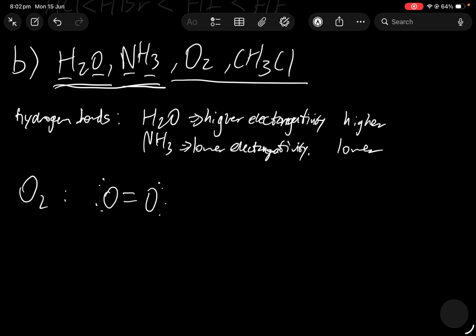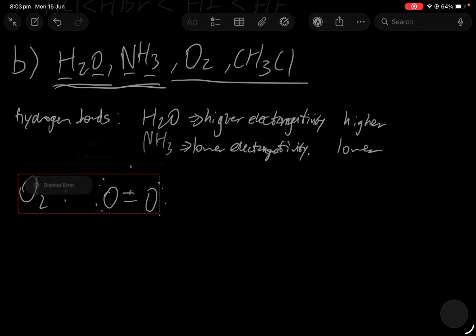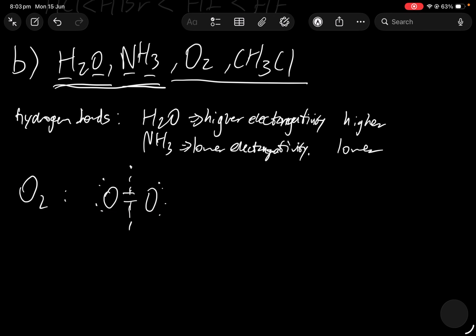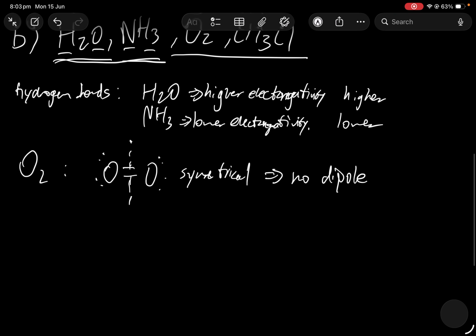So it will look like this when it's bonded, and we can see there's a clear symmetry right here. So this is symmetrical, and that means no dipole force. And let's look at CH3Cl.